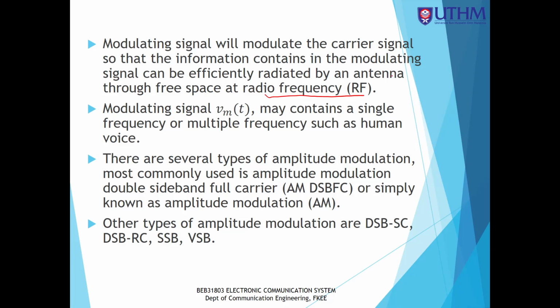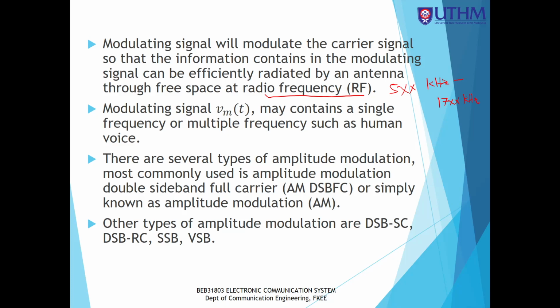The radio frequency, as I mentioned earlier, for AM is around 5XX kilohertz until 17XX kilohertz, depending on the type of AM standard that you use. So AM has a few standard ranges of frequencies.